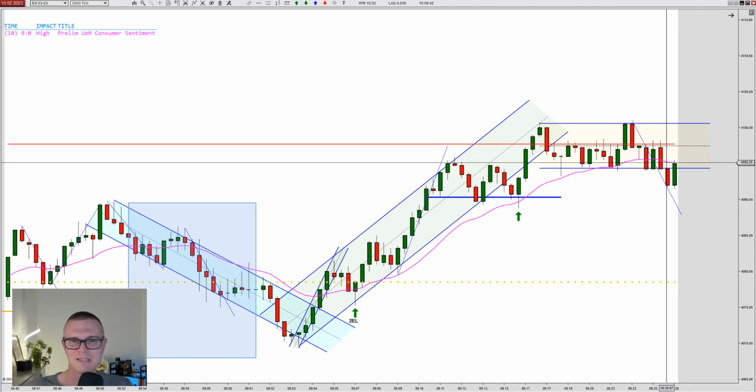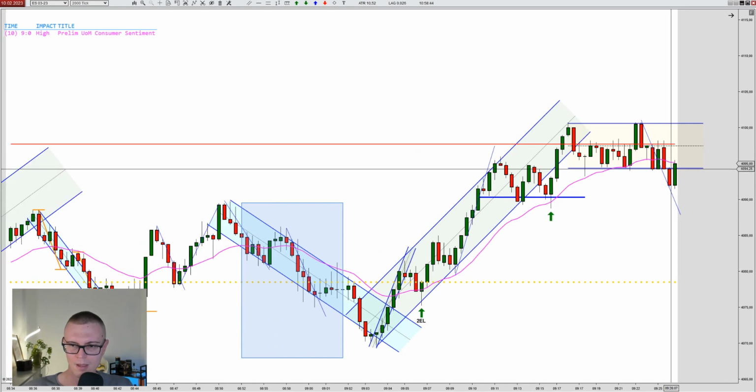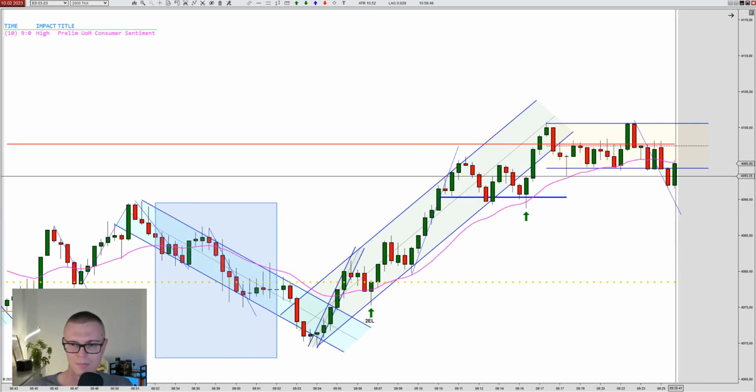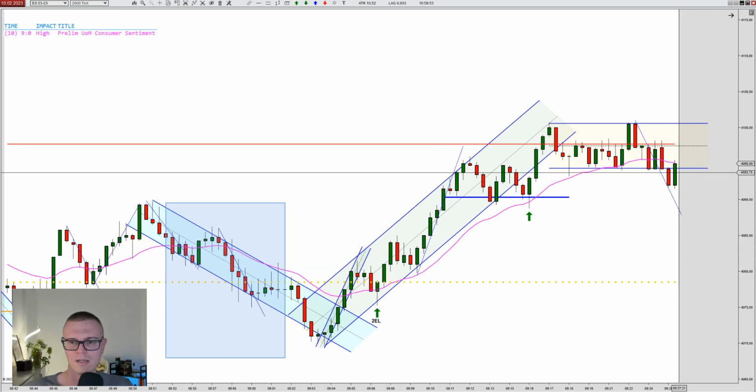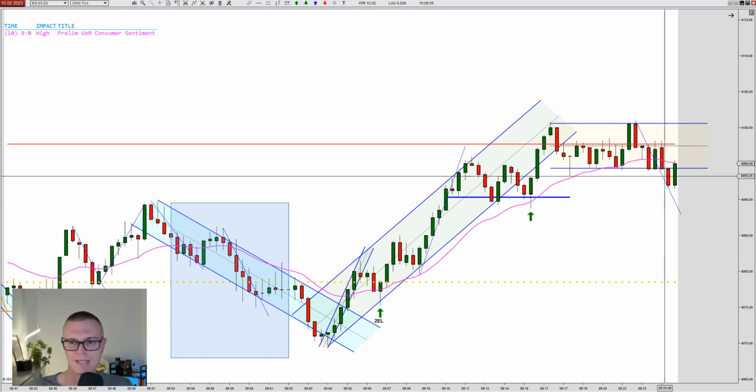I think I cannot take a long here, but if prices are finishing, for example, here, then I really would like to see a long trade here back inside the range.